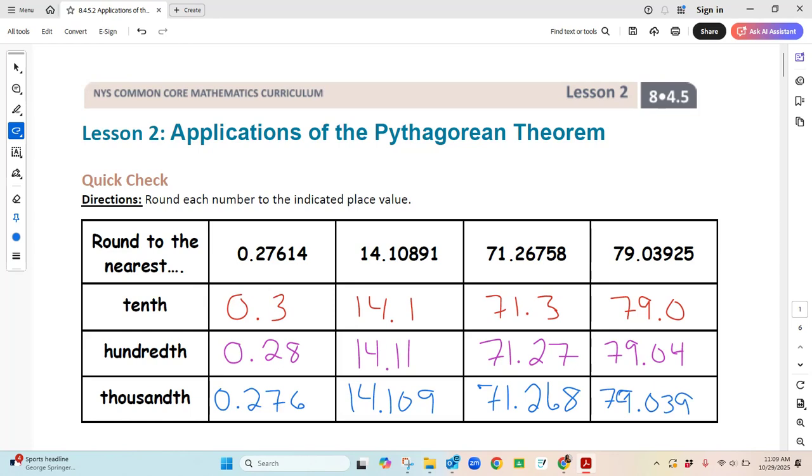So we had 14 and 109 thousandths, 71 and 268 thousandths, 79 and 39 thousandths. Great. Make sure you have this written down to help you with your rounding.